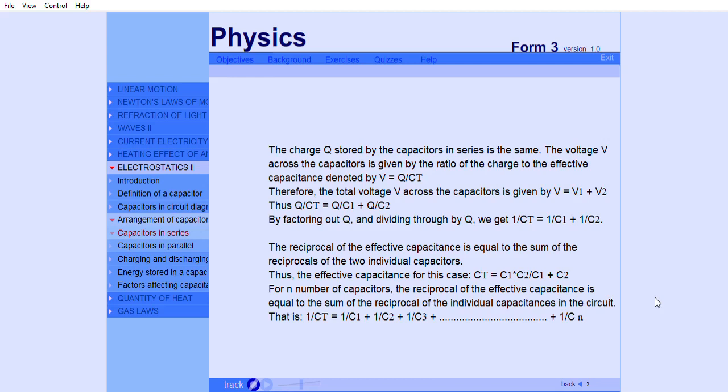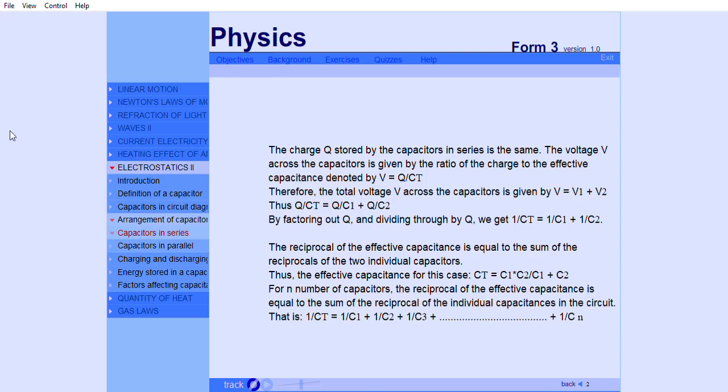By factoring out Q and dividing through by Q, we get 1 divided by CT is equal to 1 divided by C1 plus 1 divided by C2. The reciprocal of the effective capacitance is equal to the sum of the reciprocals of the two individual capacitors.